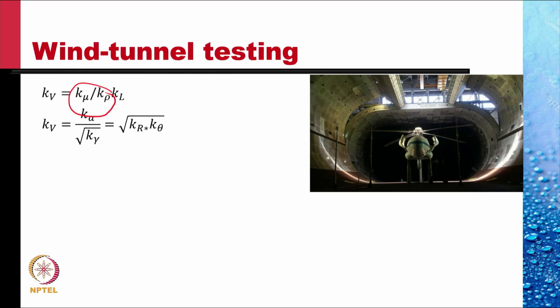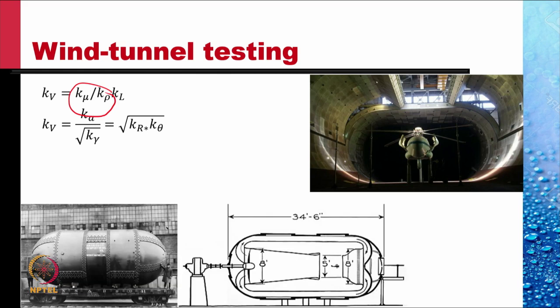So one way to test models at the same value of Reynolds number and Mach number is to test them in what is called the high density tunnels. This is NASA's high density tunnel, which has now been decommissioned. It is a large vessel inside which the pressurized air is kept at a pressure of about 10 atmospheres.